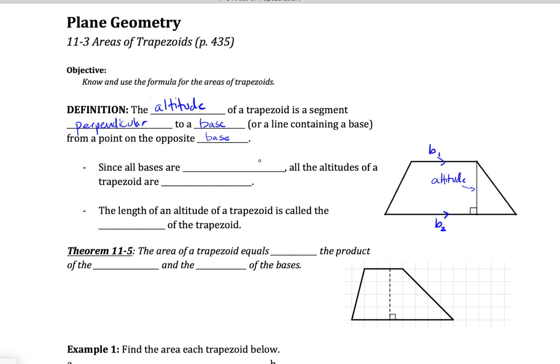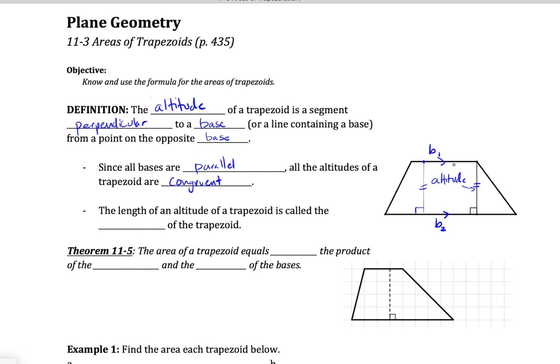Since the bases of a trapezoid are parallel, all the altitudes of a trapezoid will be congruent. In other words, if I picked another point on base 1 and dropped an altitude down to base 2, a segment from base 1 perpendicular to base 2, it's going to be congruent to this other altitude.